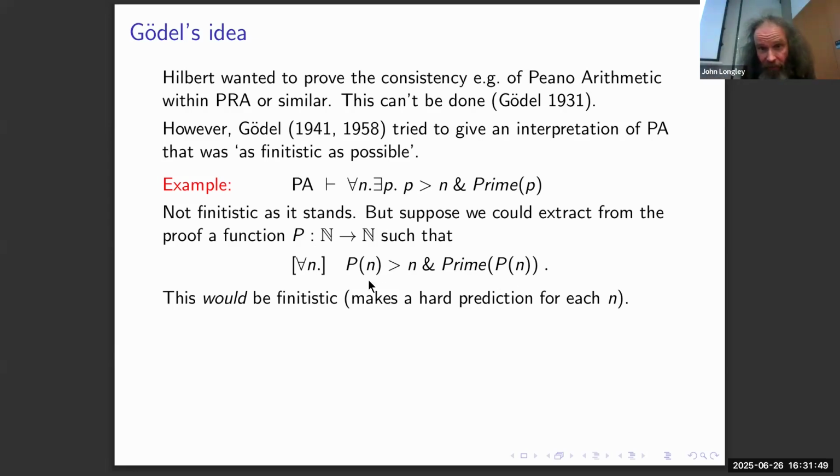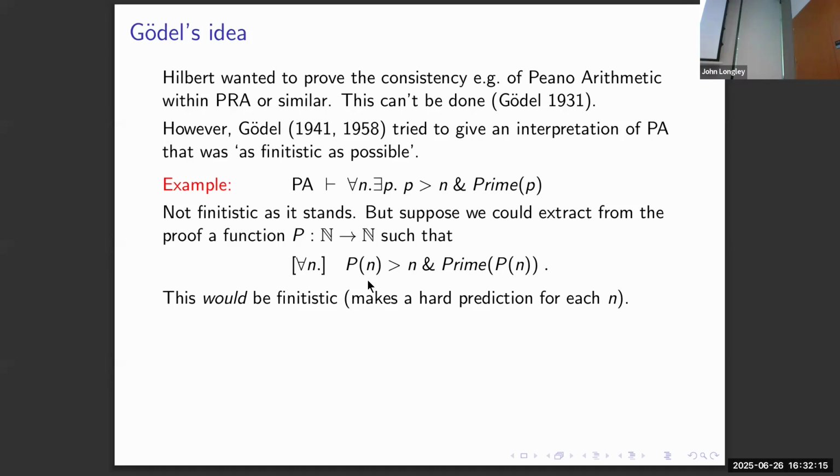And this now is a finitistic statement, implicitly for all, because this is something that makes a prediction. Any number I give you, you can check whether this comes out true by calculating your P of n and checking that it works. So we can give finitistic content to this statement.